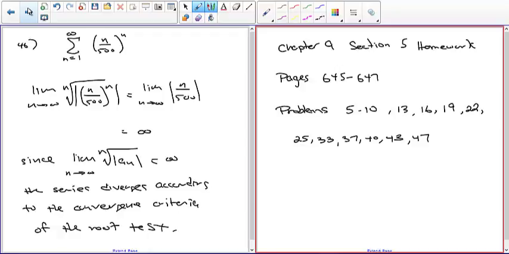I think this is supposed to be 9.6. Oh, 9.6, that's the reason. Yep, 9.6, sorry. I need to fix that in my original.